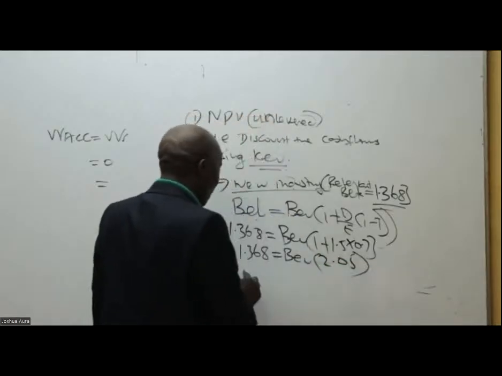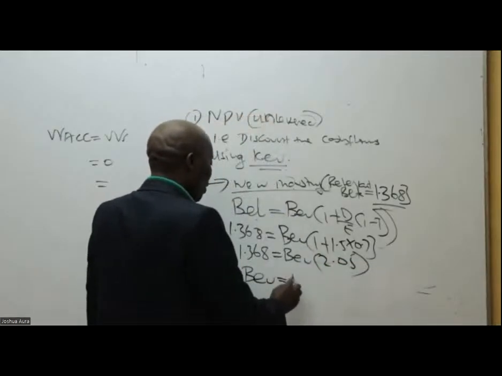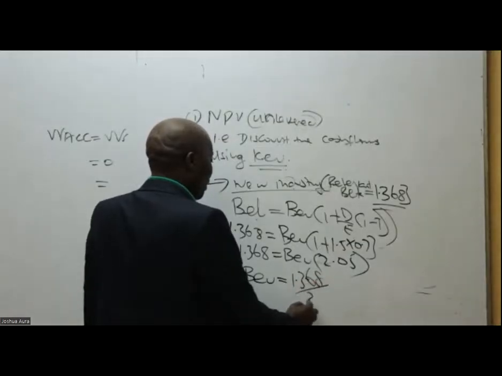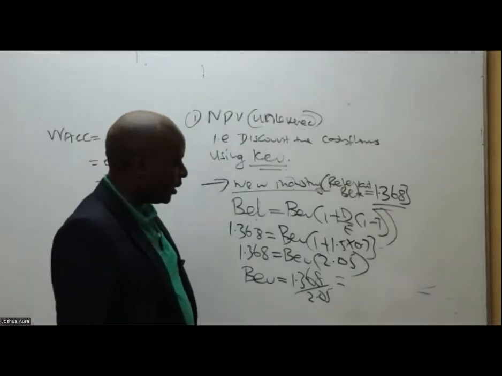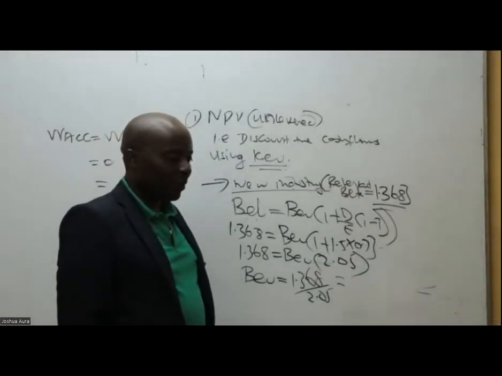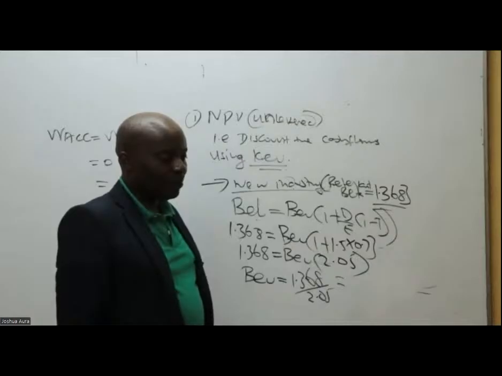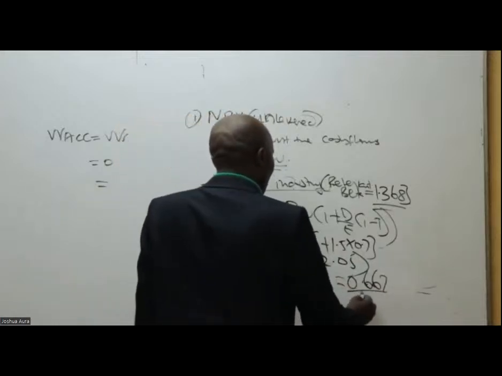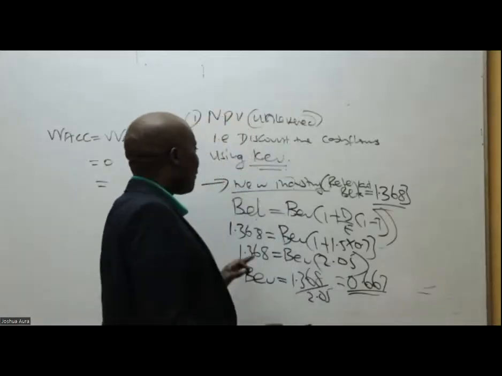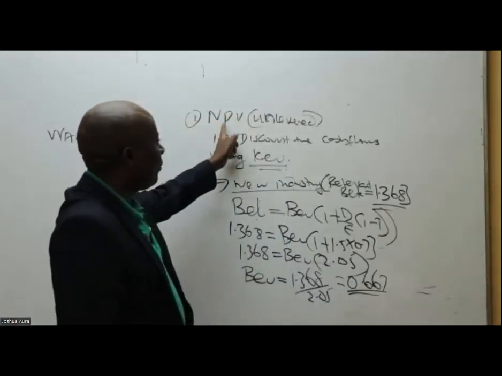And then I will be able to get the beta unlevered by taking 1.368 divided by 2.05, which ends up giving me what figure? 0.667.